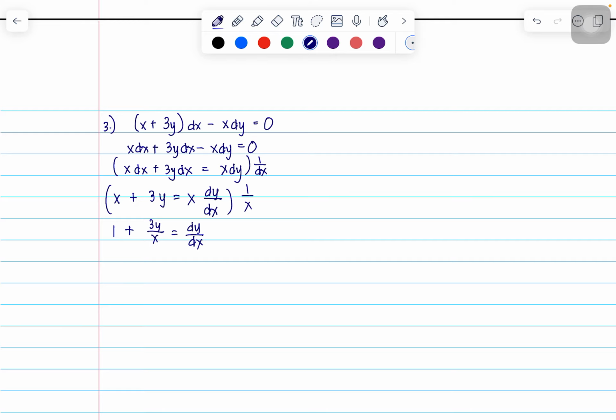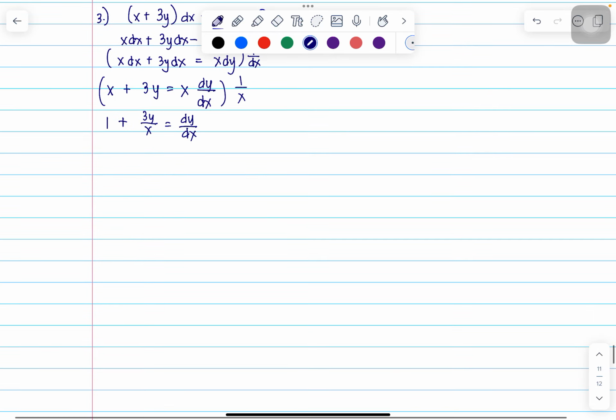Then, what happens next? We follow either of the two equations. So we can already see here that it is linear in y, since the y is at the numerator. Alright, so it is linear in y.